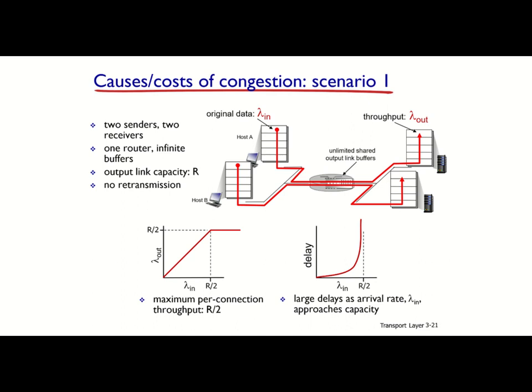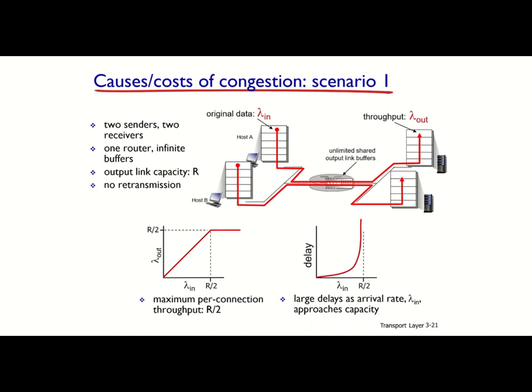This is not a reasonable assumption, but it is just an assumption. Then the capacity of the output link that the router is connected to is R, and we don't have any retransmission. Again, this assumption is also not realistic.